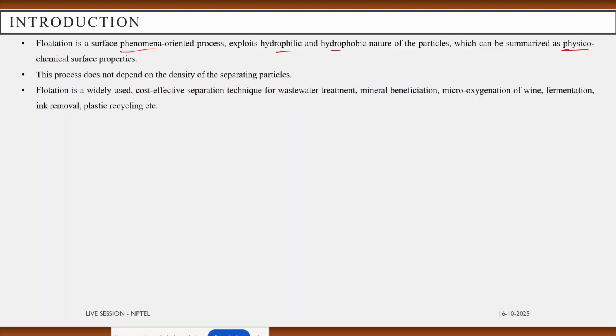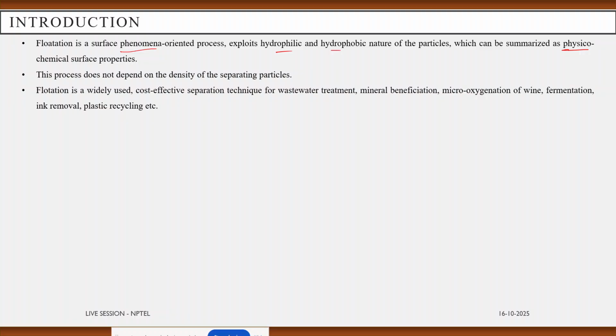So these are some flotation applications where we use the surface property of the particles to separate out one desired particle from a mixture of particles.